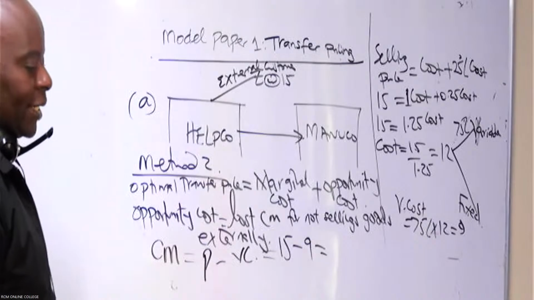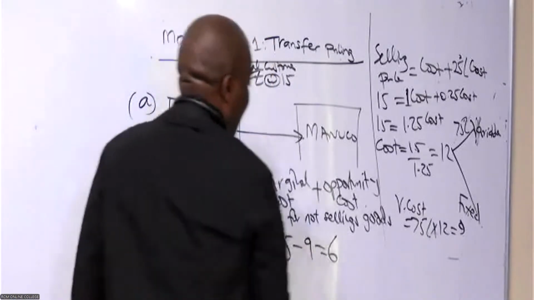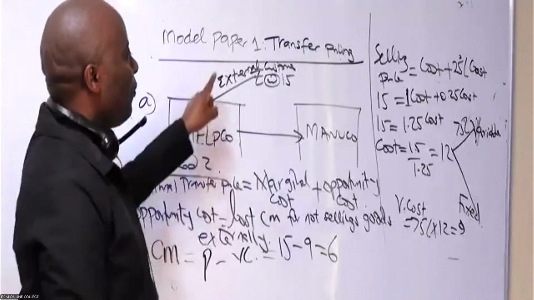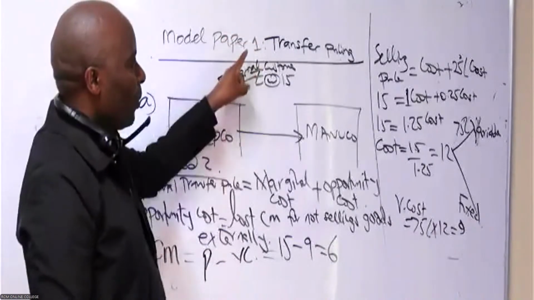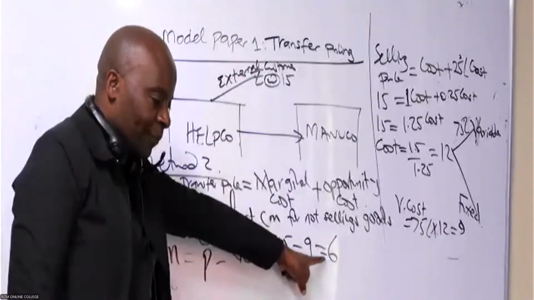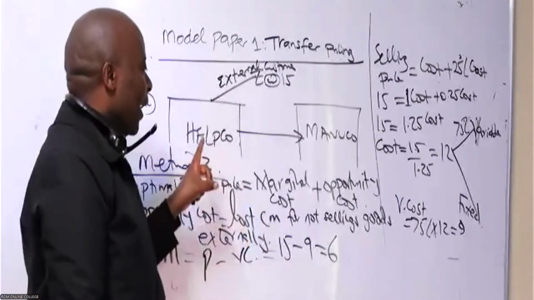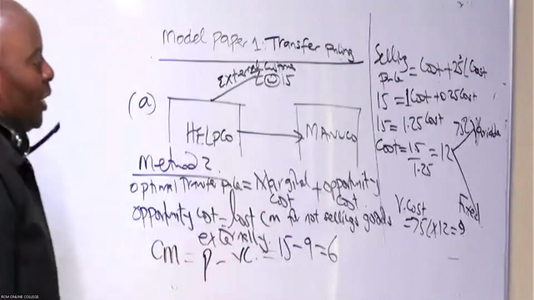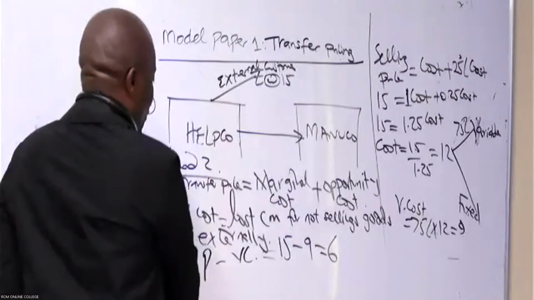So 15 minus 9 gives 6. For any sales that I divert from external customers, I shall be losing this much. So this figure must be compensated by the department which wants me to sell goods to them internally.